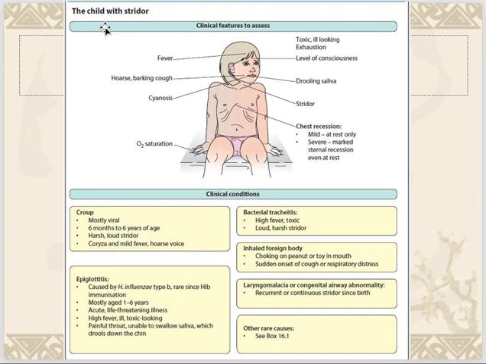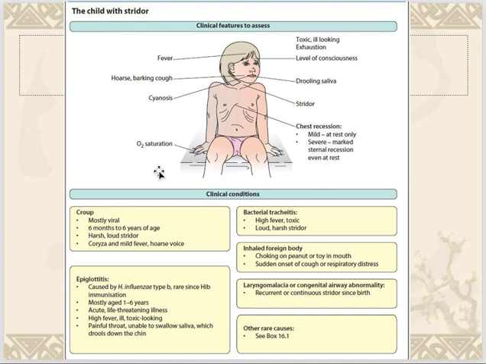Now what I want to mention here is the clinical features to assess. Whenever you get a patient with stridor, always look for fever, look for hoarseness or a barking sound, always look for cyanosis, and always check the oxygen saturation.